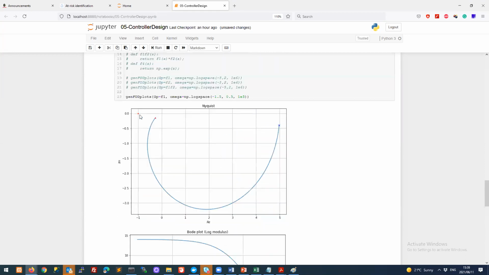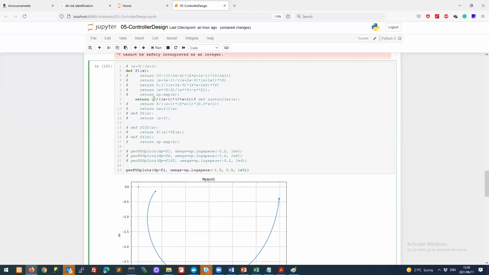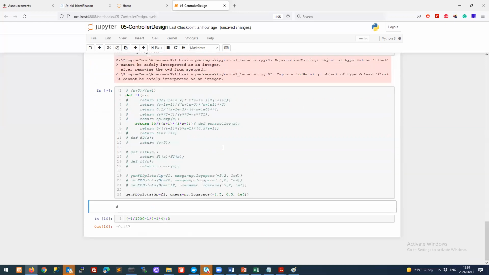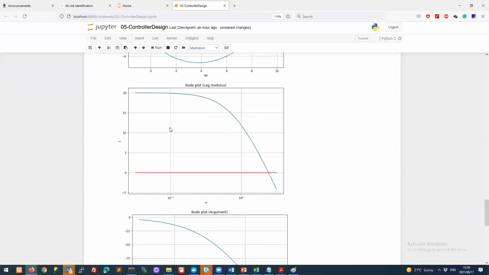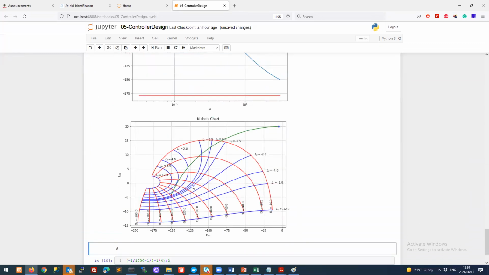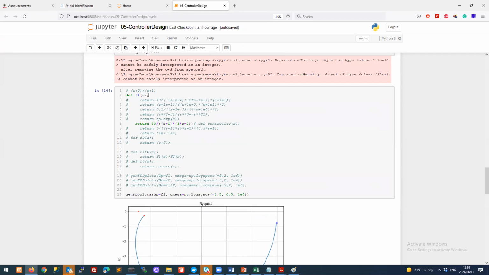We are still stable. In fact, we should use more values for omega, but we can see by the time it gets here, it's moving away again. So we are not encircling minus 10. Let's try a bigger value, 20. Still not encircling minus 10, and now we've exceeded the 2 line. Let's try a 15.